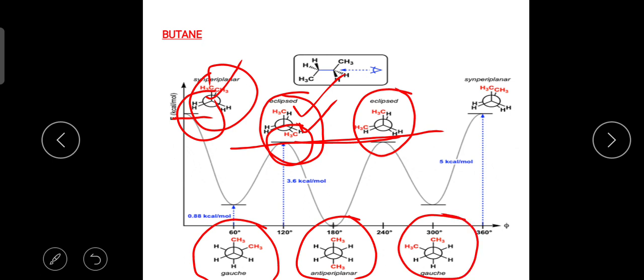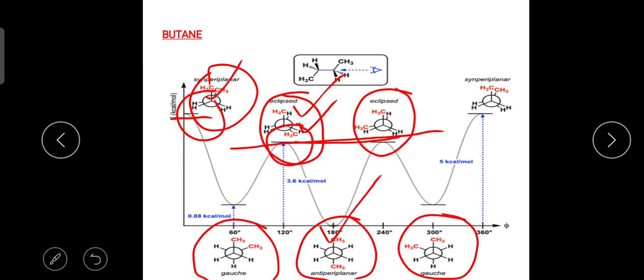So this is the energy profile diagram of butane molecules, and these above 6 conformers are obtained on each successive rotation of the group bonded to the rear carbon by an angle of 60 degrees. Among these, the anti-conformer is the most stable. This is the anti-conformer, which is more stable because the bulky methyl groups are at maximum distance.